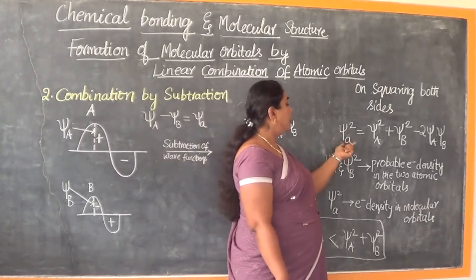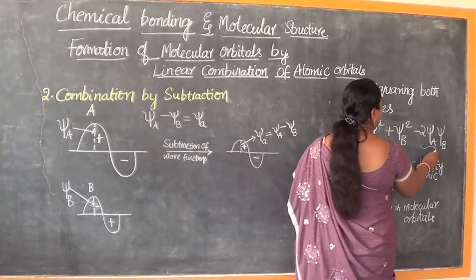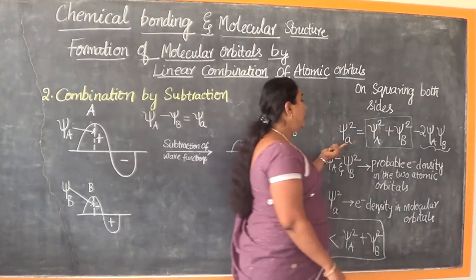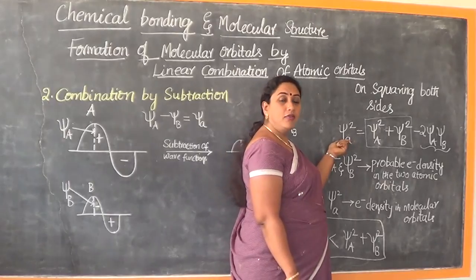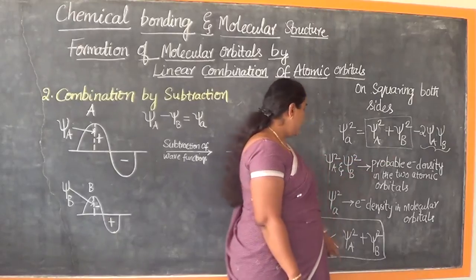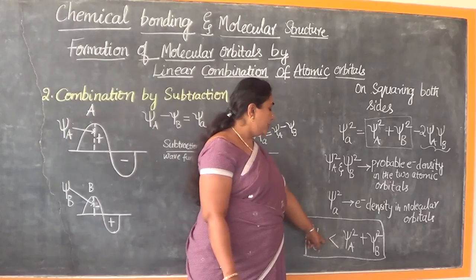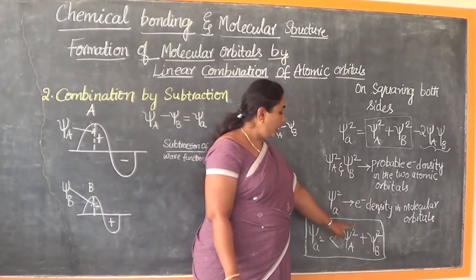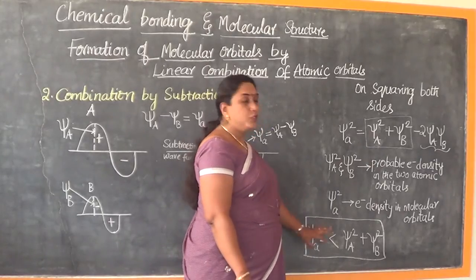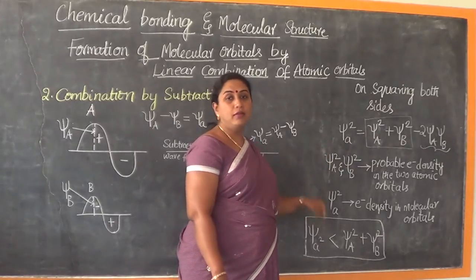What does this indicate to us? Psi a square, if we need to subtract this much quantity to make it equal to this, that means naturally this has a greater value than these two put together. Therefore our equation can be written as psi small a square is lesser than psi a square plus psi b square. What is the final indication of this equation?